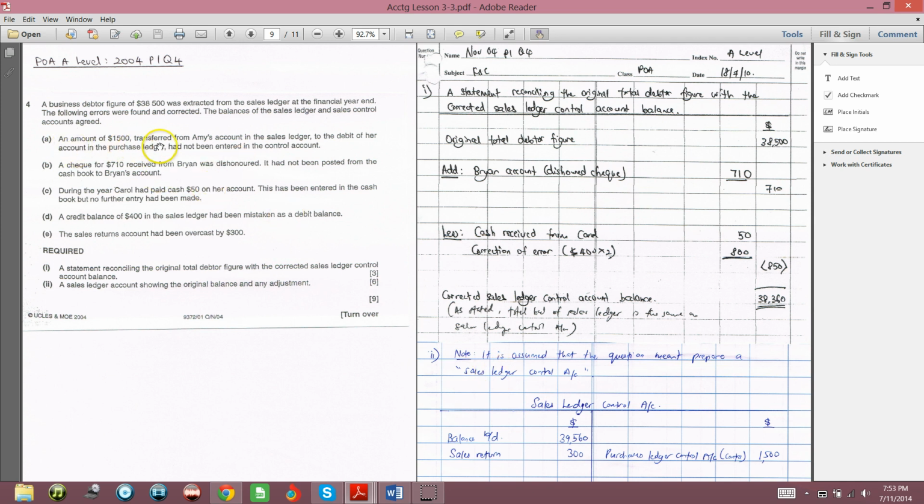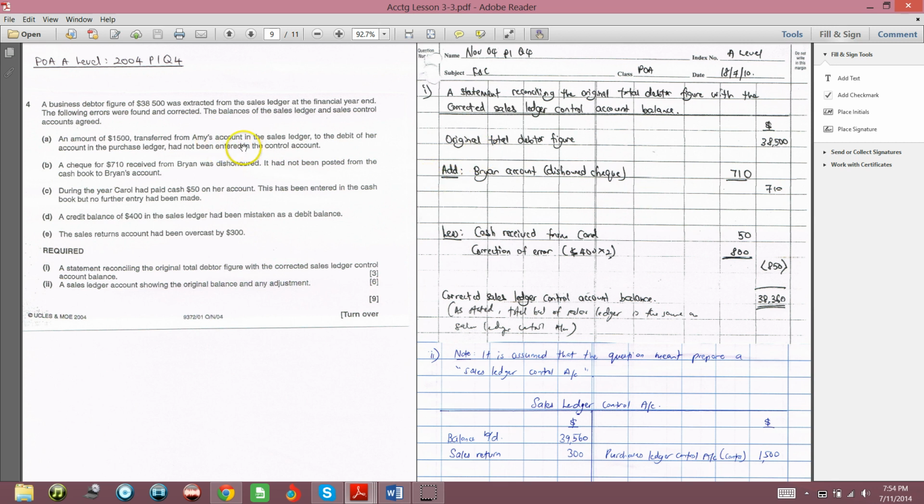An amount 1,005 transferred from an account in the sales ledger to the debit of an account in the purchases ledger had not been entered in the control account. So this one, A, the person number 1 doing the individual debtors ledger has done a good job. He has transferred this amount, so I don't need to correct person number 1's figure.